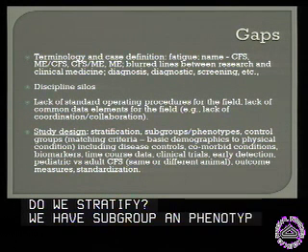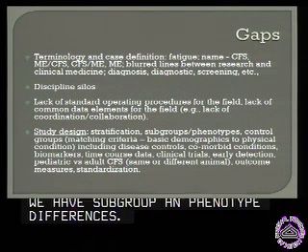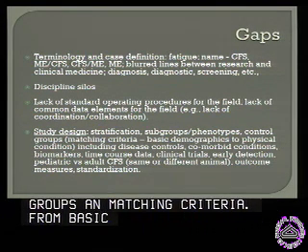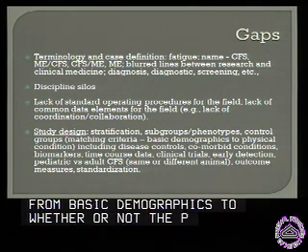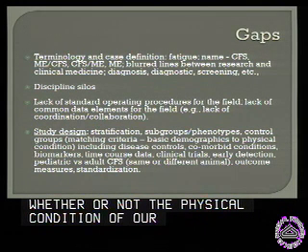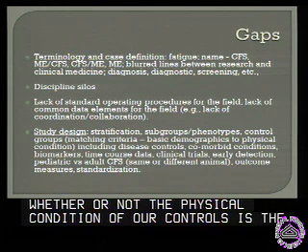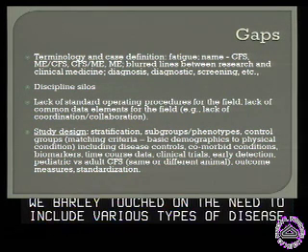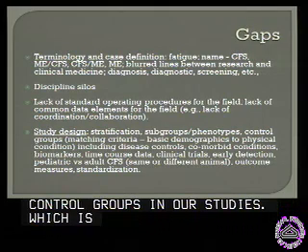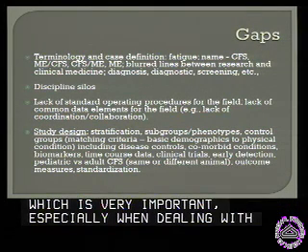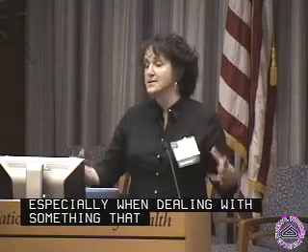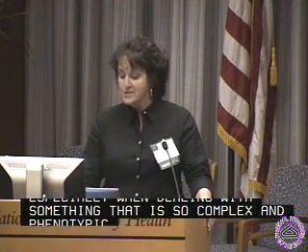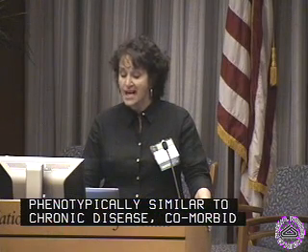We have differences on control groups and matching criteria, from basic demographics to whether or not the physical condition of our controls is the same. We barely touched on the need to include various types of disease control groups in our studies, which is very important, especially when we're dealing with something that is so complex and phenotypically so similar to so many other chronic diseases. Comorbid conditions, biomarkers, time course data.